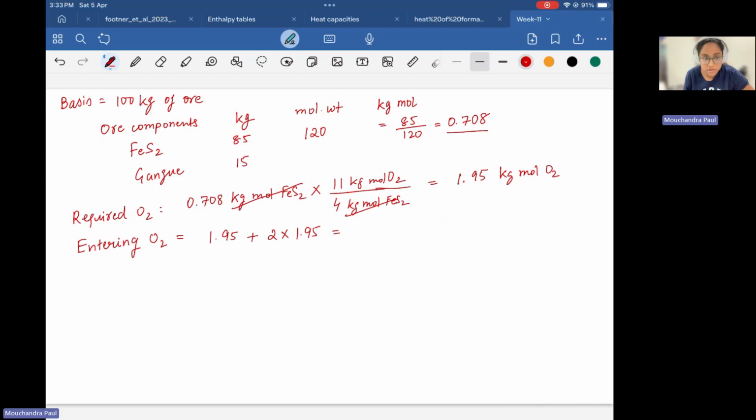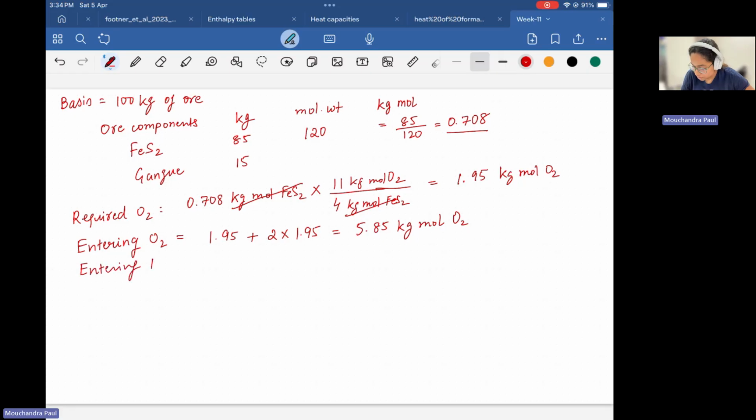So this is the total amount of oxygen that is entering. If we calculate it, it comes out to be 5.85 kg mole oxygen entering. So air is entering, right?